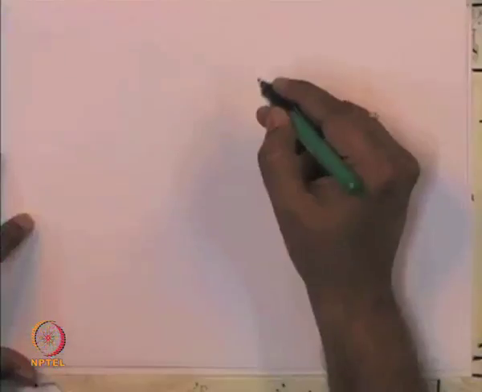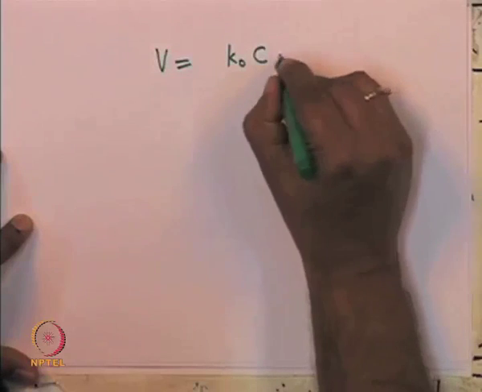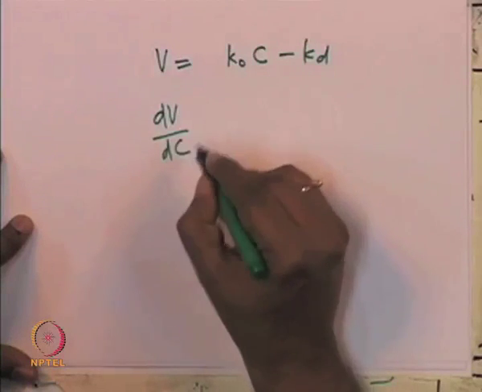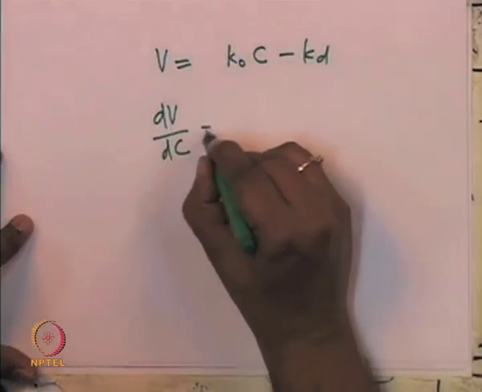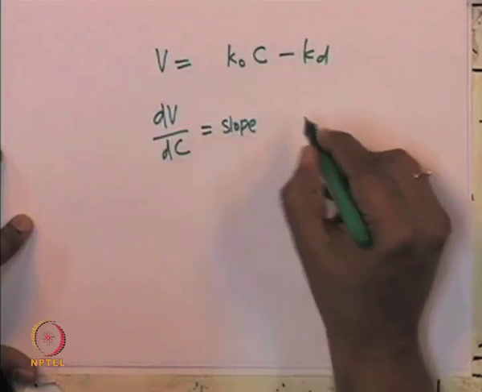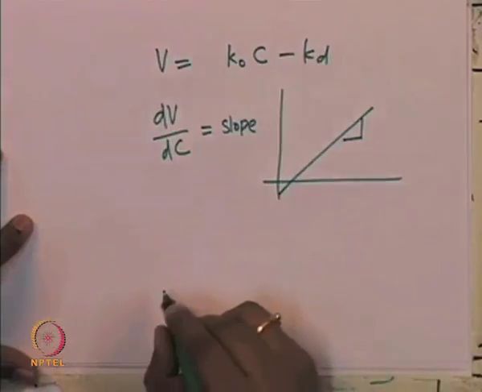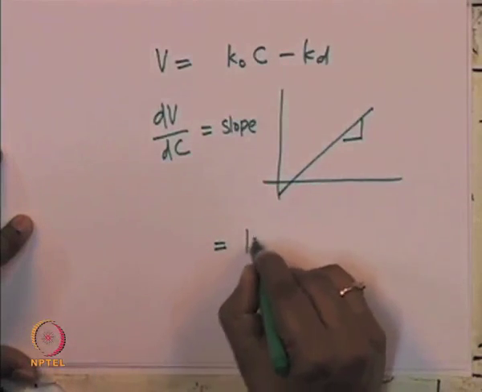Now, once you understand this much, what did we learn? What are the bottom lines? We learned that velocity is K0 times C minus Kd, and dV by dC, that is the change in velocity when you change the concentration, is nothing but the slope of this curve, and the slope is nothing but K0.